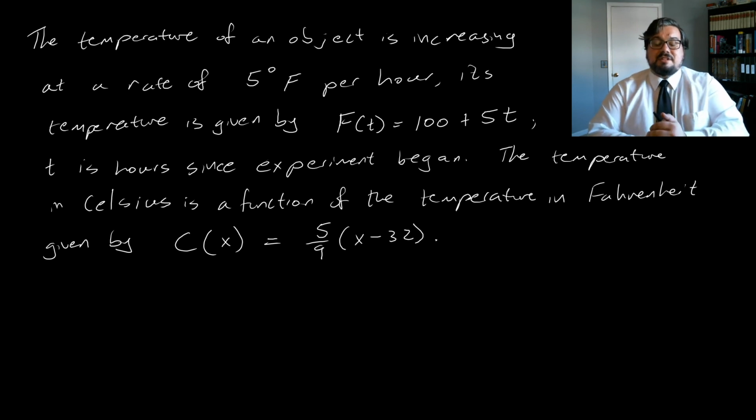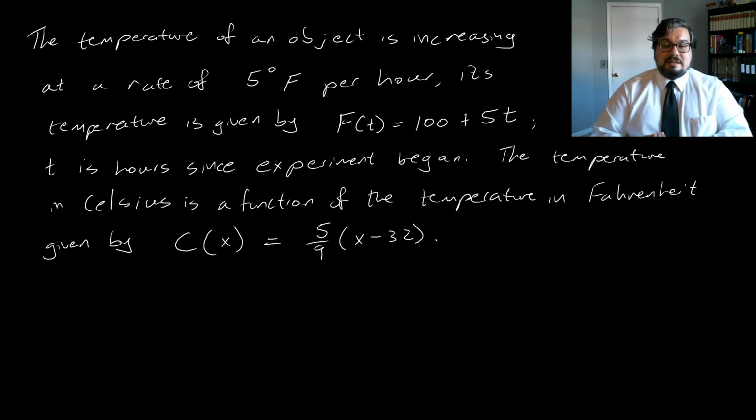If you take your temperature Fahrenheit, subtract 32 from it, multiply it by 5/9, then you'll get your temperature Celsius.